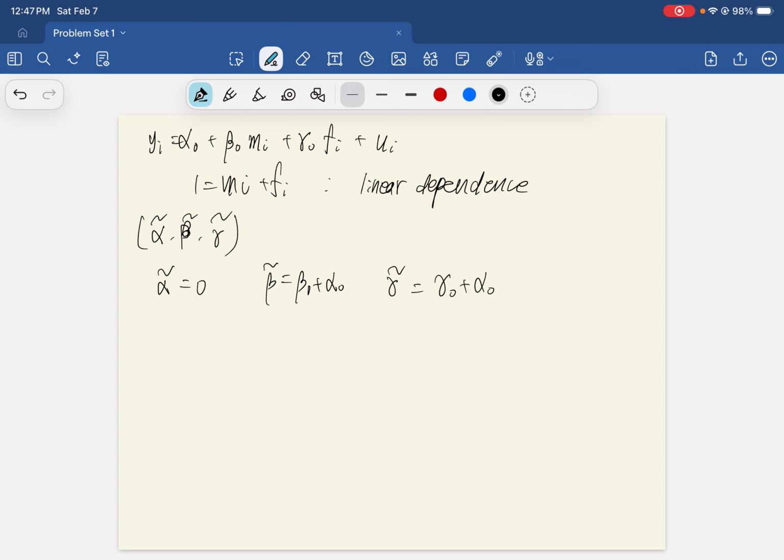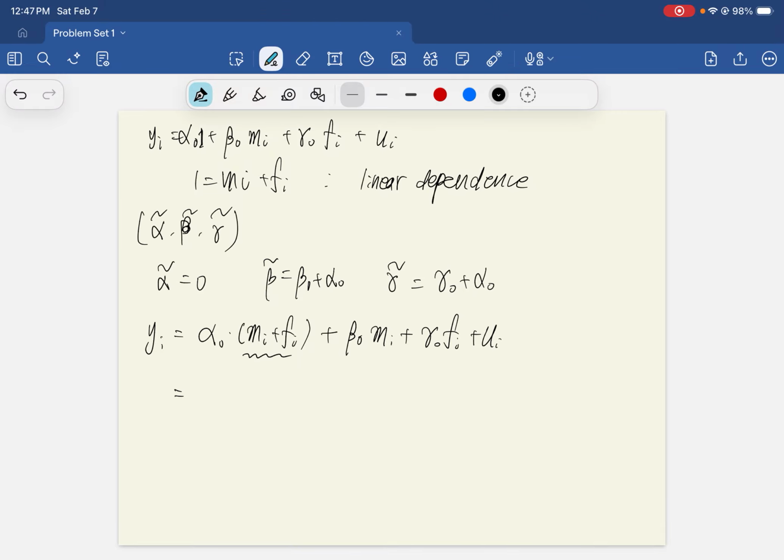Then let me rewrite the equation. We have alpha 0 times 1. Instead of 1, I'm going to include m plus f, and beta 0 m_i plus gamma 0 f_i plus u_i. That is the same thing, I just replaced the hidden multiplication by 1 with m plus f.